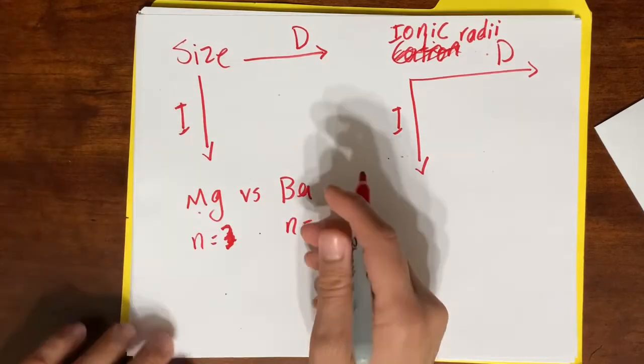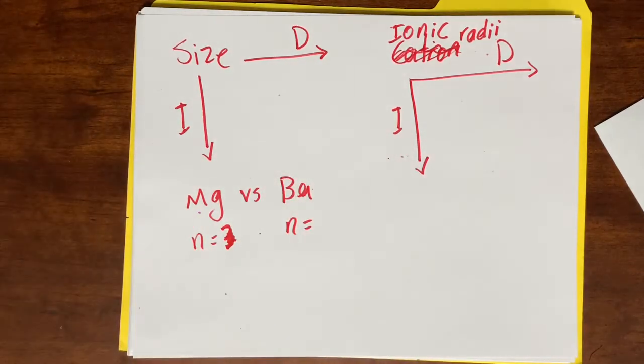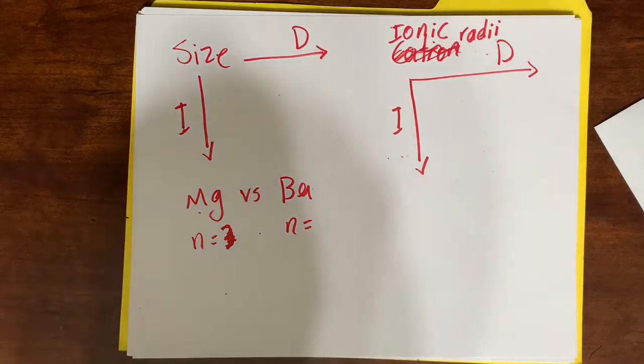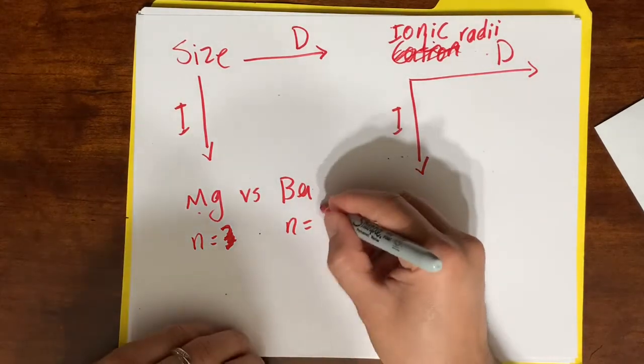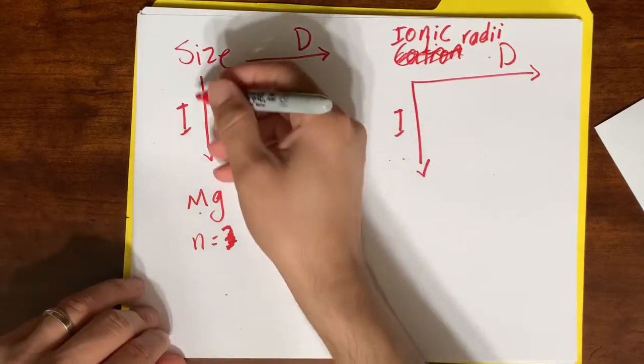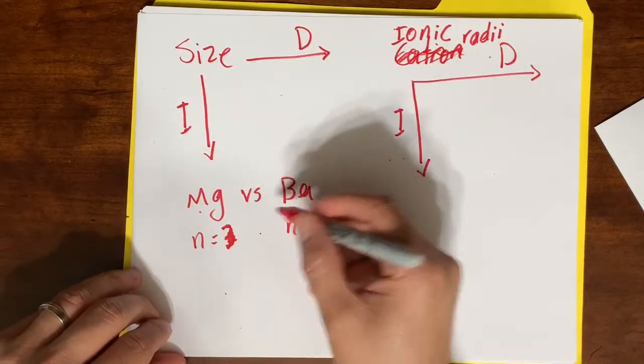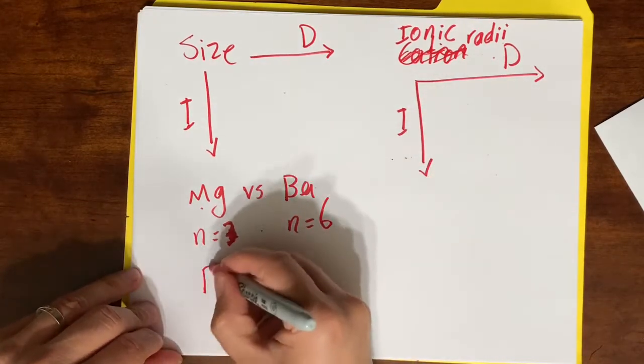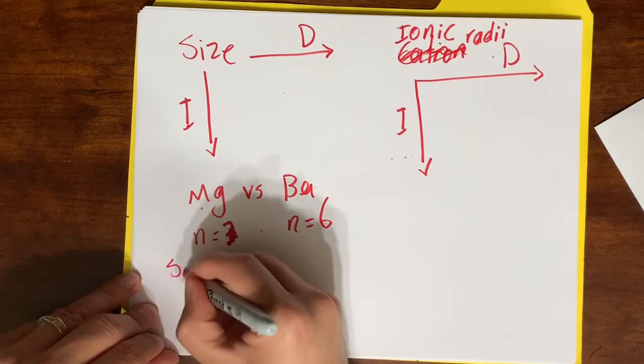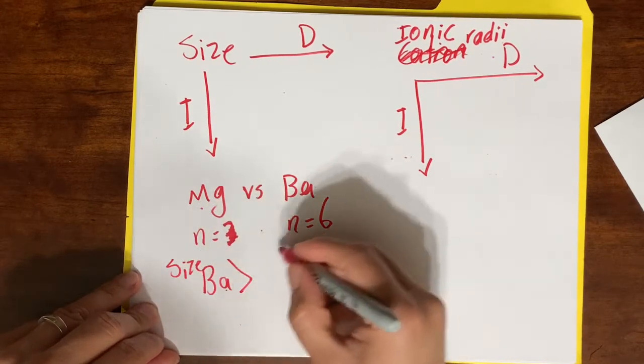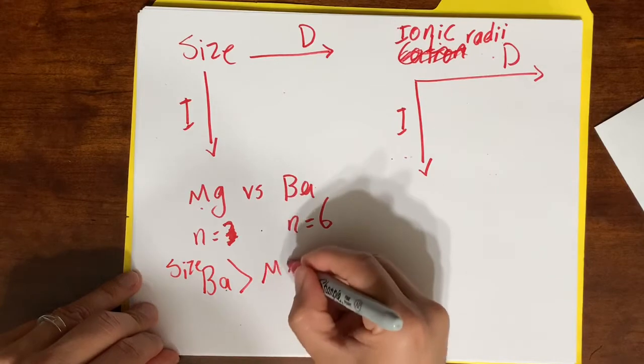I believe barium is n equal 5; let me check the periodic table. Barium n equals 6. As we go down one group, size increases. So barium has a bigger size than Mg.